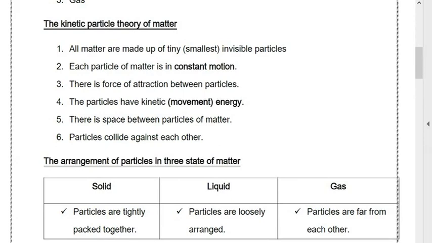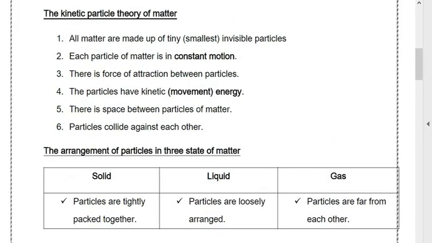When we talk about something in the gaseous state, there are very small forces of attraction acting between the particles, which is why the particles are able to move very fast and over long distances. They are not restricted to the same place, as happens with something in the solid state.